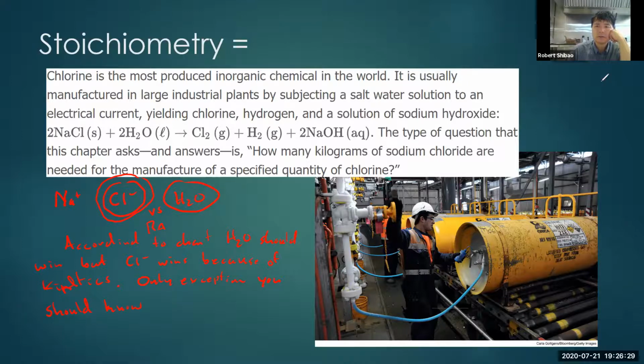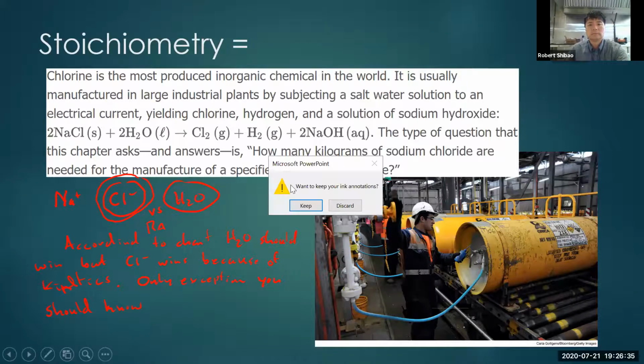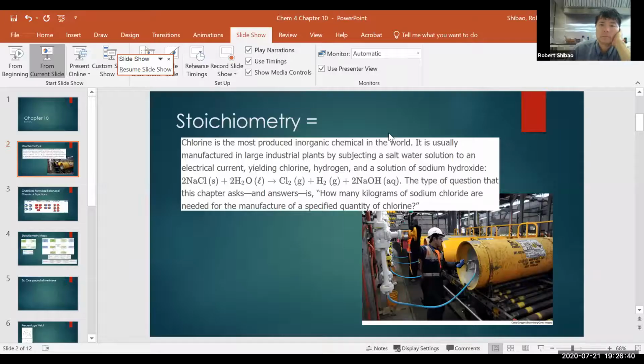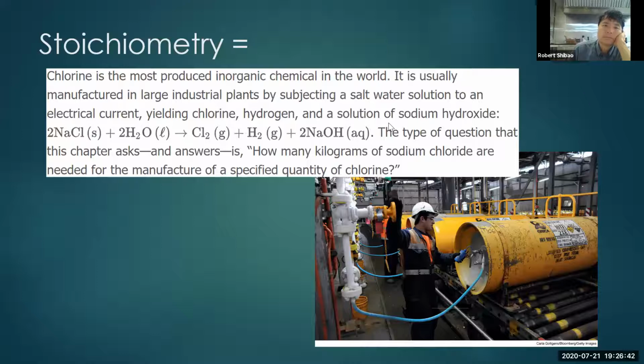So let's see how I'm going to do that. Okay. So we'll write down the half reactions. So when chloride acts as a reducing agent, 2 chlorides go to a chlorine plus 2 electrons.